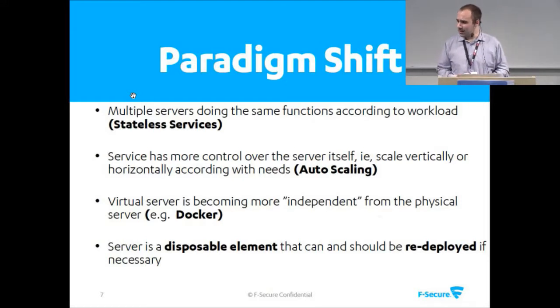Actually, the concept of server is disappearing in the cloud, because we started by calling it the server, then the virtual server, then in the cloud it's called instances, and nowadays with Docker appearing, well, the LXC technology was already there, but with Docker coming into play, it's actually containers.